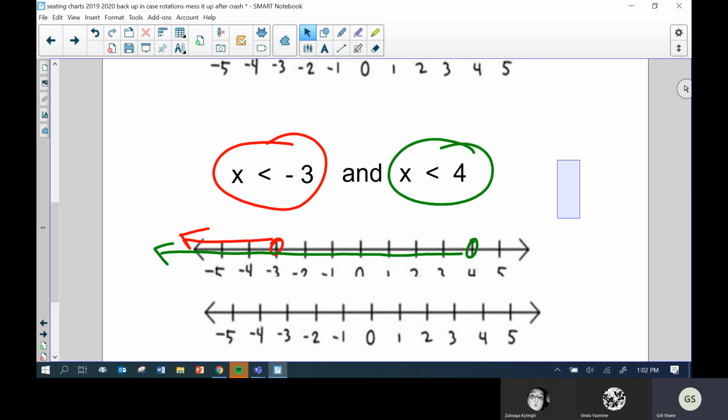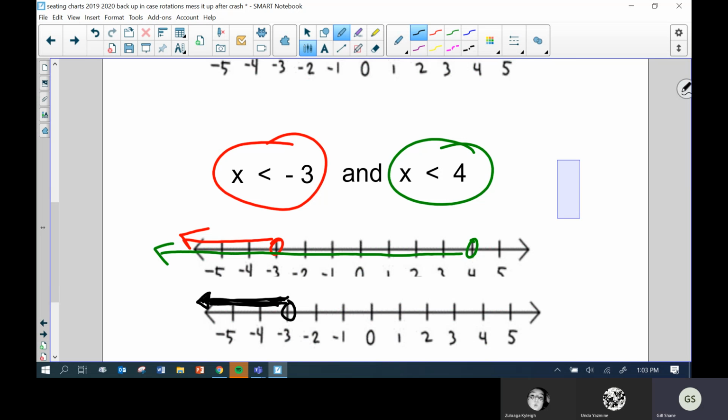Where do I have red and green? Well, everywhere left of the negative 3. I can't include the negative 3 because that's technically the open circle. So I would put an open circle on the negative 3, and my solution to this one is everything that goes to the left of negative 3.